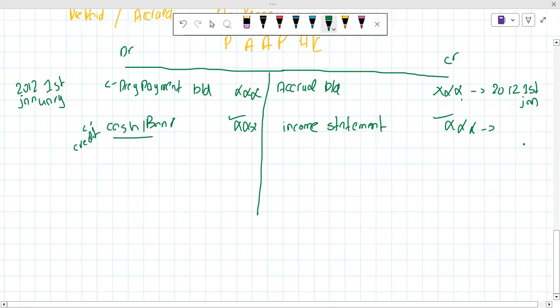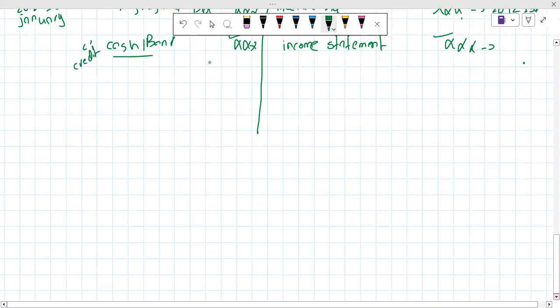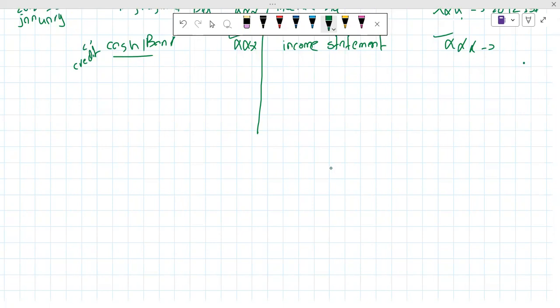If you know the double entry system, you can easily understand this concept. Like if we incurred any expense, like if we paid $200 to water supplies, we know that water supplies basically is an expense.